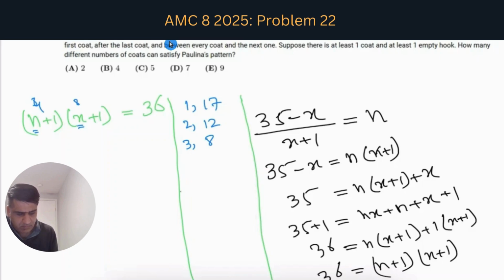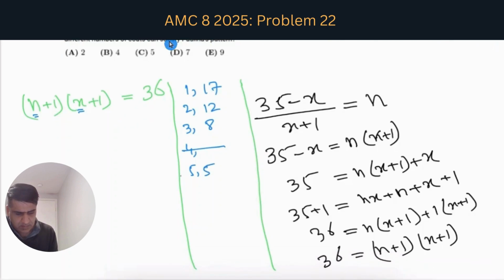Now let's see, if I have 4, it will become 5, and then this 4 is not possible, so I will cross it out. So now let me check 5 and 5, that would work. 6 would make it 7, 6 will not work, 8 will work.